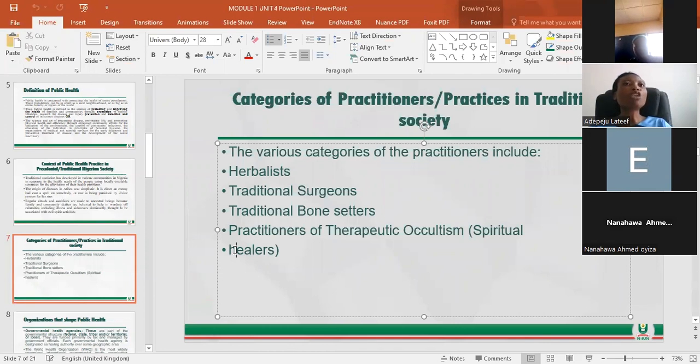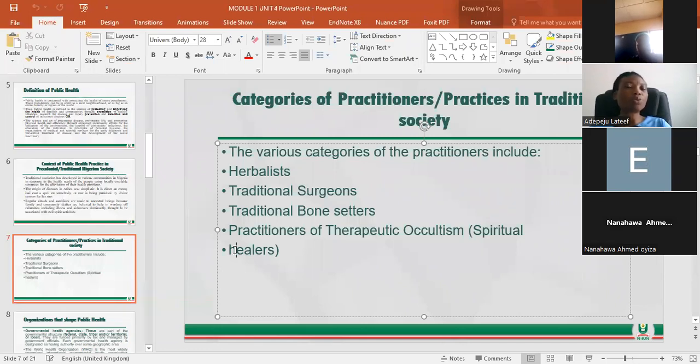Their function is mainly in cutting of tribal marks. Even, it's just that you cannot see me closely, I do have a tribal mark. You can see it. These are the people that gave me the tribal mark when I was much younger. My parents, who believed in them, visited them. Not only that, they also do circumcision, both for male and female.